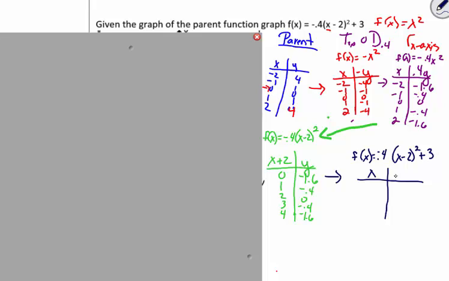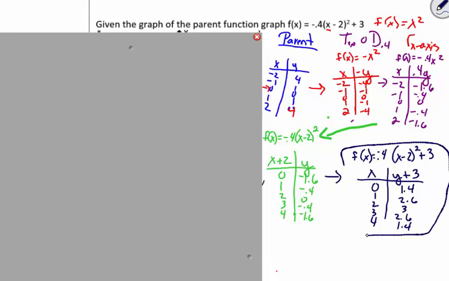So x stays the same. In order to do a vertical translation, we add it to the y, 0, 1, 2, 3, 4. And then we add our 3. So 1.4, 2.6, 3, and then 2.6 and 1.4. This is the table we want.